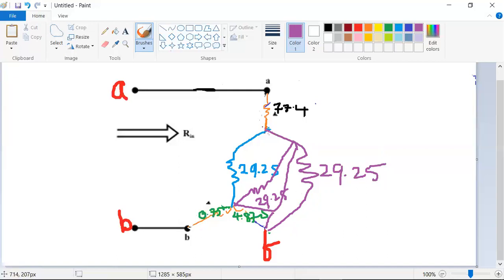So let me do this. It will help us. I'm going to redraw the circuit, 29.25, just bending from here to this. So let me remove the 29.25 by making the circuit.